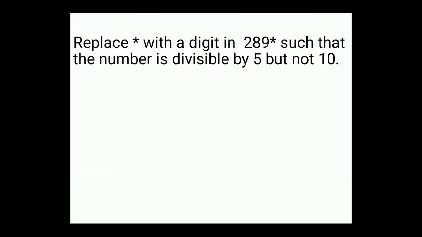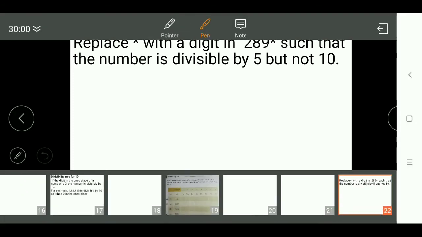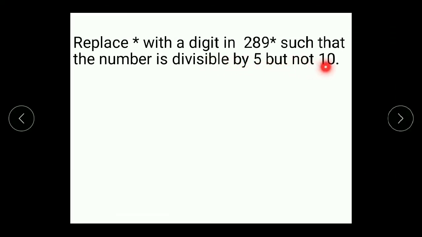Okay, now let's do some problems from 5.1. You can see this question in your textbook. Replace the star with a digit in 289* such that the number is divisible by 5 but not 10.